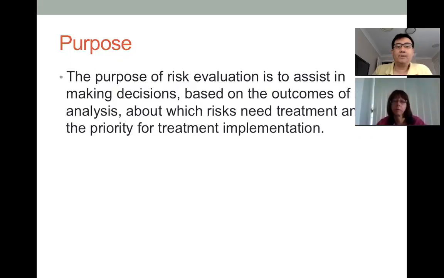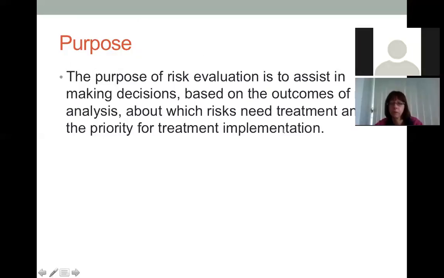The purpose of risk evaluation is to assist us in making decisions. Let's say when we are managing a project, we may be able to list down a number of risks, but we may not be able to cope with those risks at once.